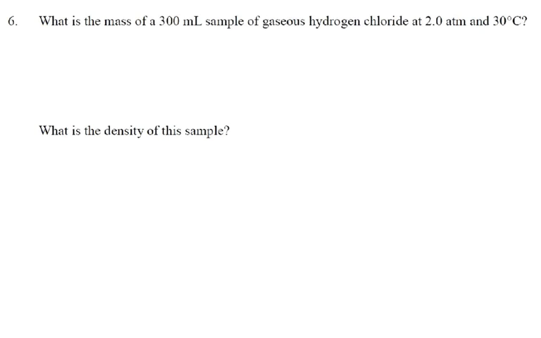Problem number 5. What is the mass of a 300 milliliter sample? So that's our volume. We're going to change that to 0.300 liters. Just going to move our decimal point back 3 places. Here we see a pressure of 2 atmospheres, a temperature, add 273, so that's going to be 303 Kelvin.